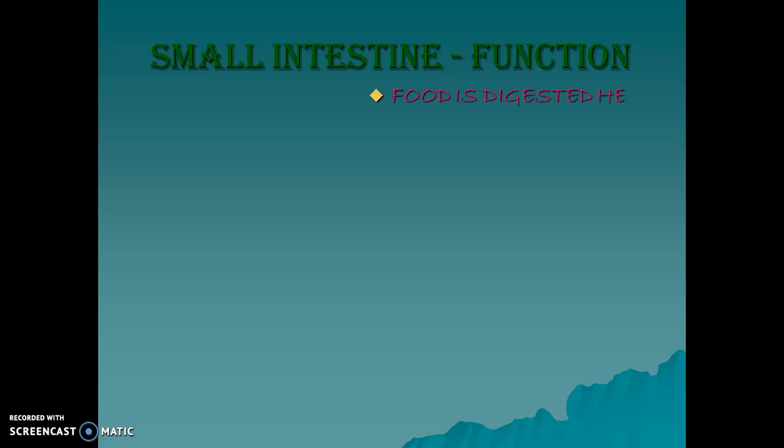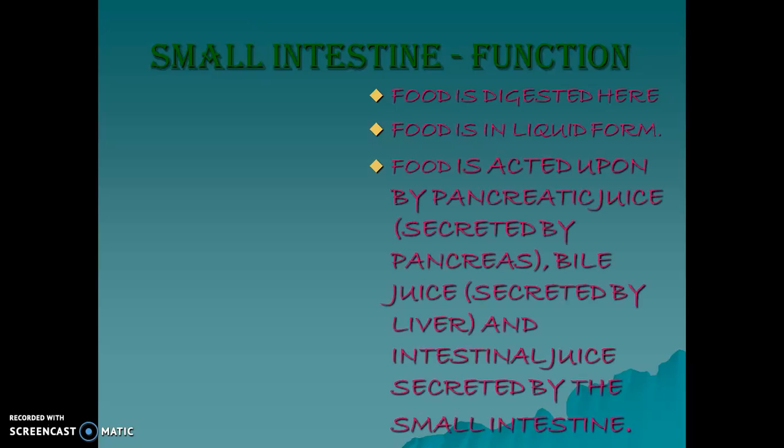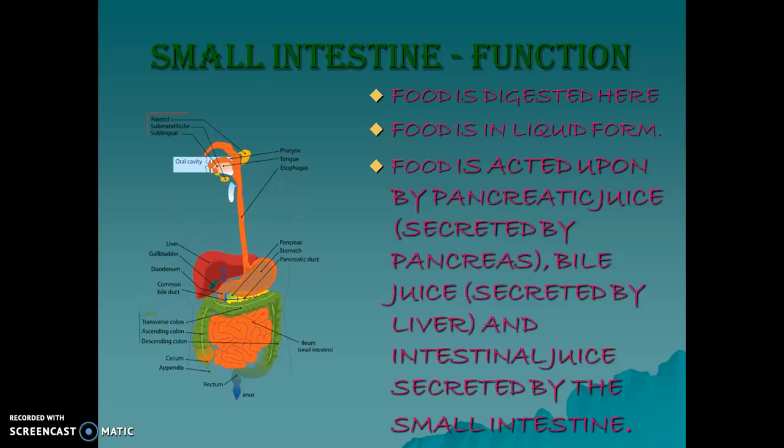The function of the small intestine. Food is digested here and it is in liquid form. Now here, food is acted upon by pancreatic juice, which is secreted by the pancreas, bile juice secreted by the liver, and intestinal juice secreted by the small intestine.